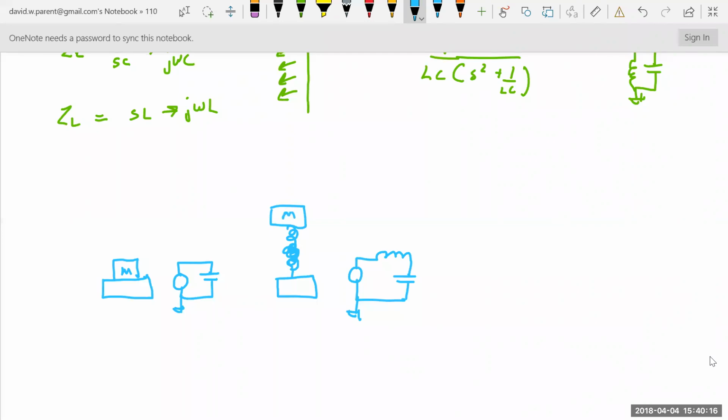Now then, I guess the next thing is you have a platform, you have a spring, and then you have a damper. No mass. All right, I'll bite. Well, there's no device here.